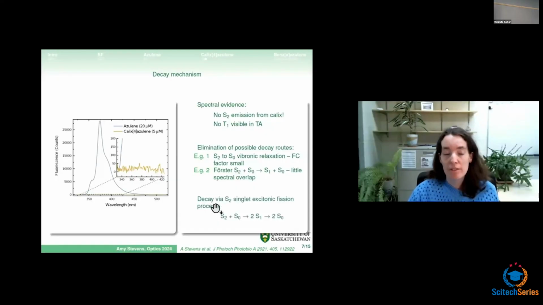So then, looking at all these things, we decided that the only possible decay mechanism that could explain these results was via an S2 singlet excitonic fission process. So we have our S2 excited state. This goes to give us 2 excited singlet states, and that decays very quickly through a conical intersection back to our ground state. So we do have kind of a fission process, but not the one we were expecting.